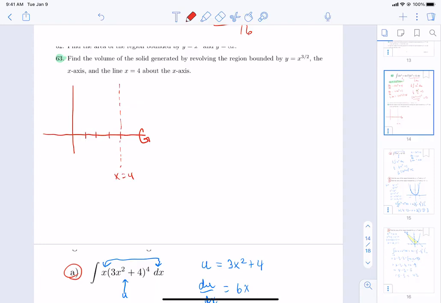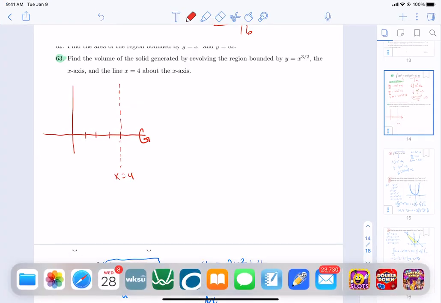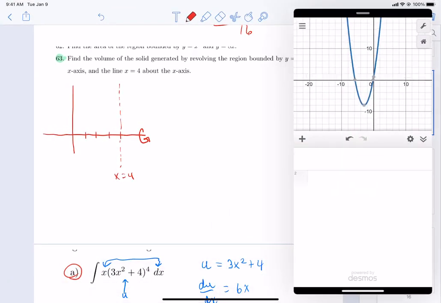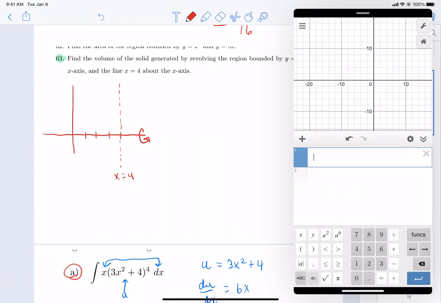Okay? Now remember, we're rotating about the x-axis. Now, the graph looks, because of the 2 in the bottom, we can only get positives. See how it's kind of like between a square root and a line and a square.